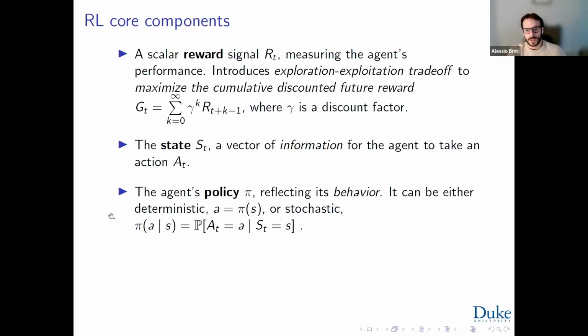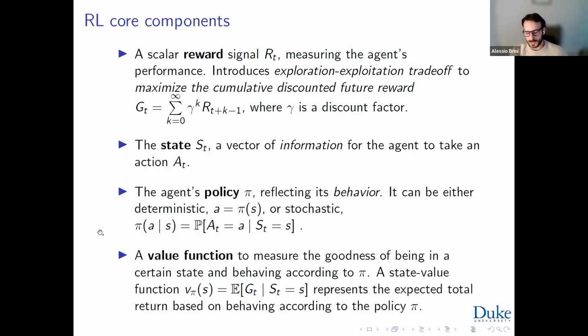So as you see, we are already introducing a difference between the types of problems that reinforcement learning can solve. It can solve problems where the policy to learn is deterministic, but also stochastic. I'm being very general here, trying to leave open all the possibilities, and I'll be more specific later on with the application. The last core element is the value function.